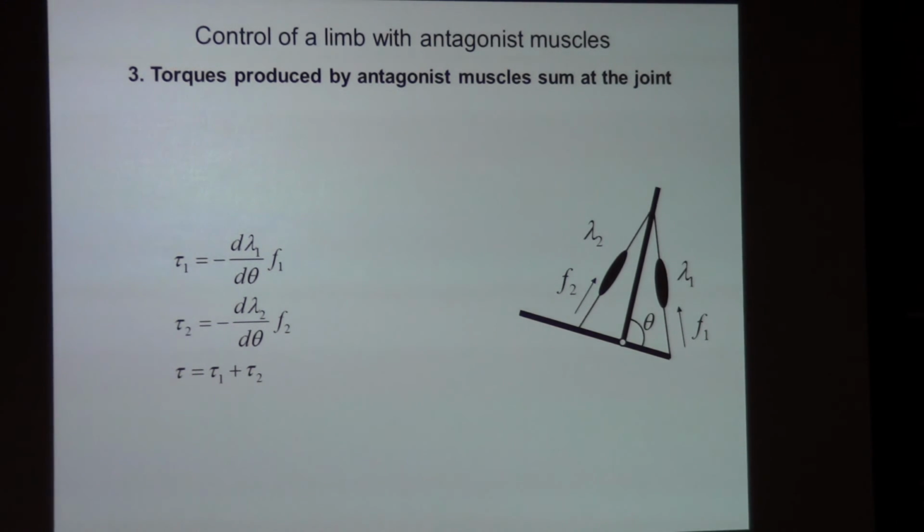And so your maintenance of posture, your ability to hold still at a particular location, comes about because there's a torque generated by this muscle and a torque generated by this muscle, and the two happen to precisely cancel each other. And there you get steady holding. Now, you might think that holding still is a simple task, because movement you might think is difficult.